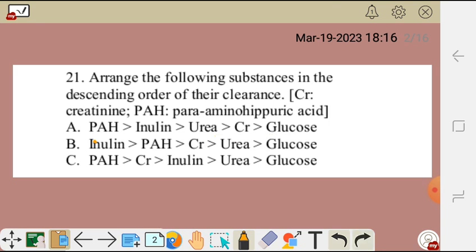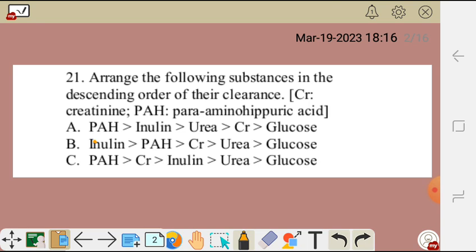Before we answer this question, we need to understand the clearance of these substances. The clearance of a substance is greater than that of inulin if it is filtered and secreted from the bloodstream into the renal tubules.